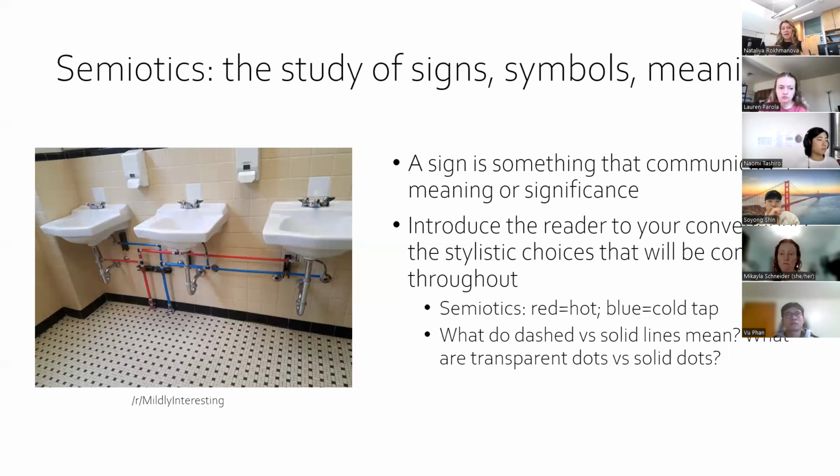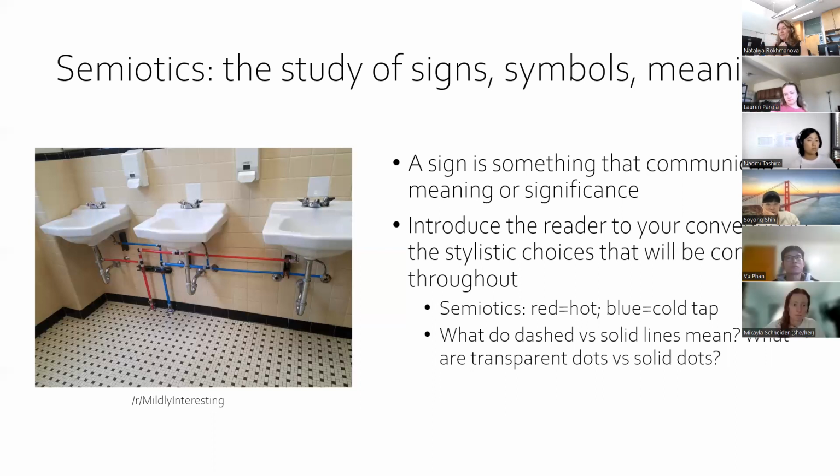Make sure that you are staying consistent with those definitions throughout, and this will make sure that your reader or your viewer is not frustrated the same way that I would be if I went to the bathroom and I tried to turn on the hot water and it resulted in cold water. Or if two different sinks had two different structures for their color coding, I'd feel very frustrated. Have some respect for your reader and make sure that you are being consistent with your stylistic conventions.